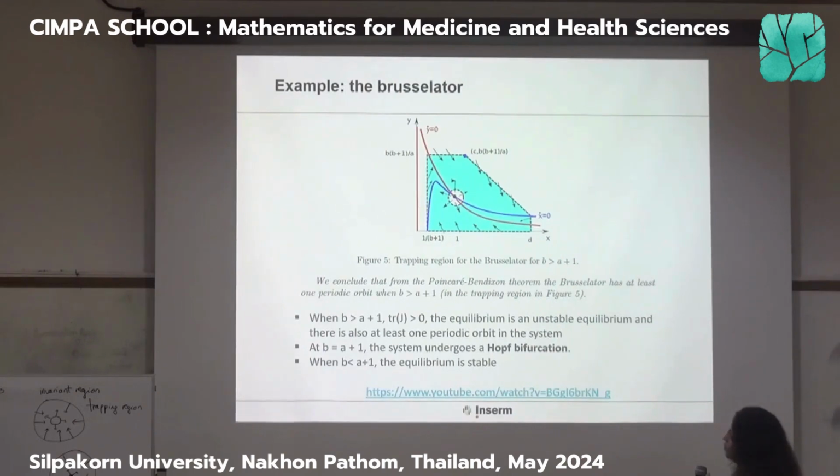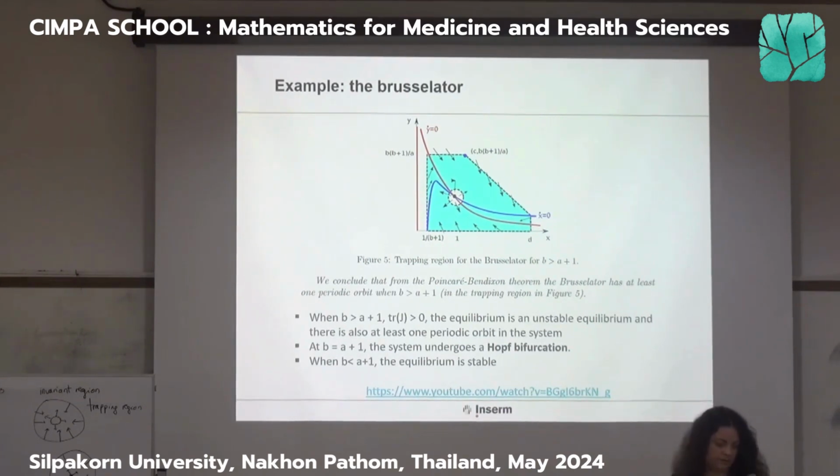you can say that there is a periodic orbit when the steady state is unstable, which we know, or you are going to prove in the exercise, happens when B is above A plus 1. So you have this behavior, which is what I described in the first dot.